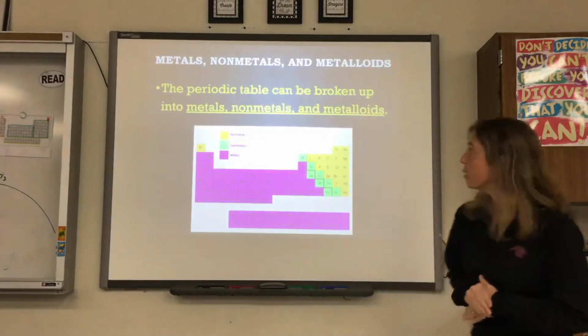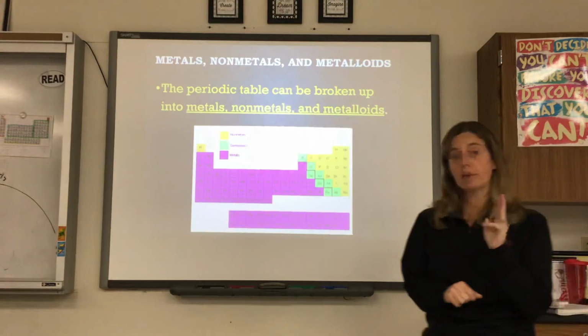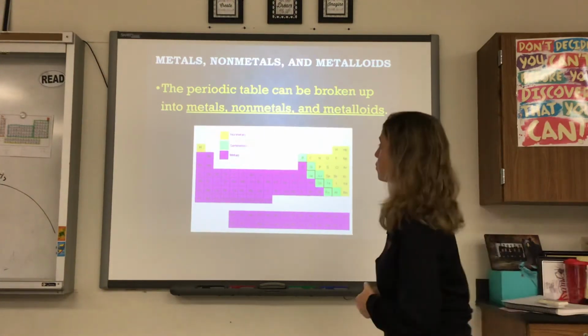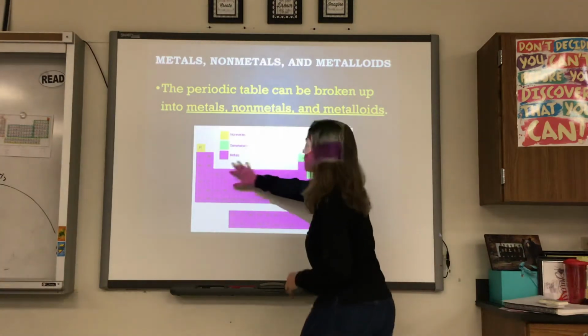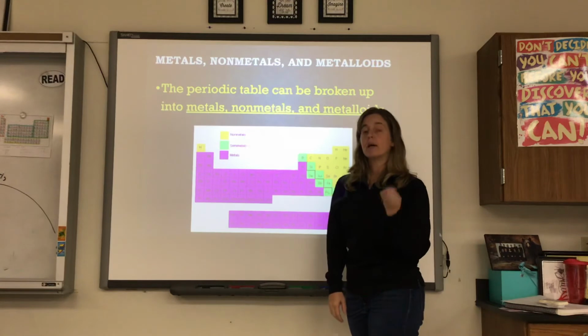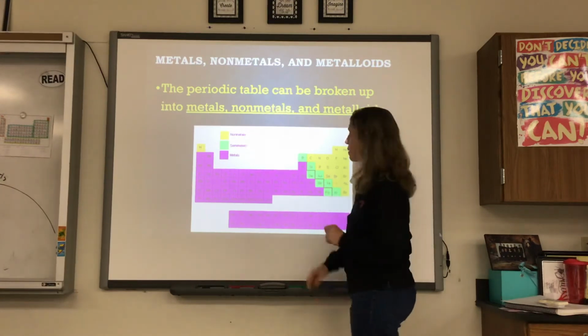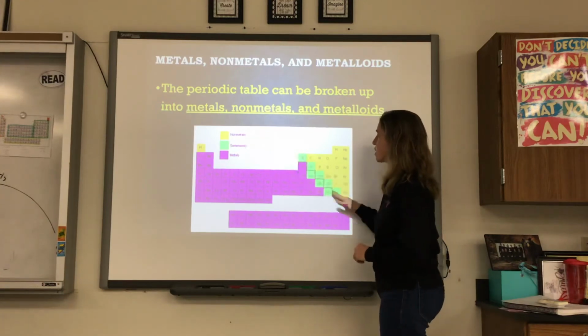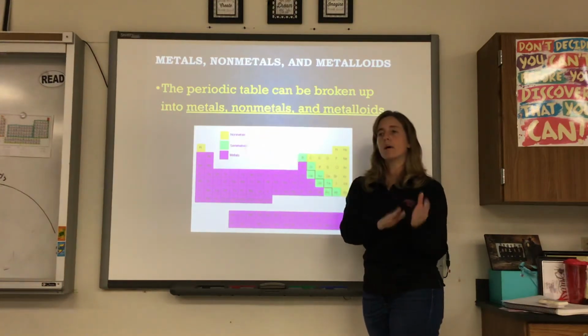Now, the periodic table can be broken up into three categories: metals, nonmetals, and metalloids. Right here in the pink, these are all of your metals. 80% of the table is made up of metals. Then you have this small portion that is touching the stair-step line separating metals and nonmetals.